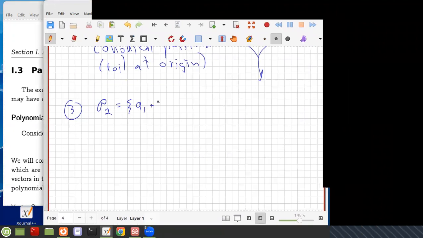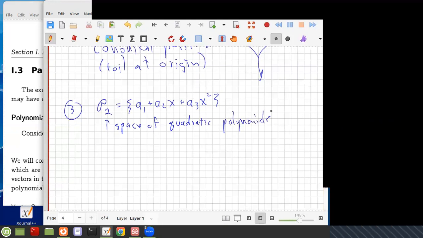A1 plus A2x plus A3x squared. So this is the space of quadratic polynomials.